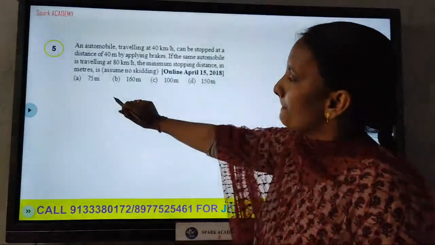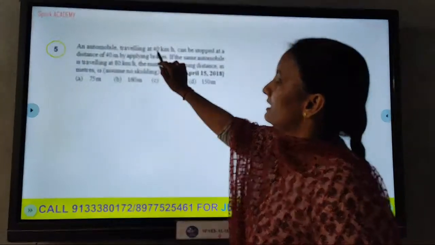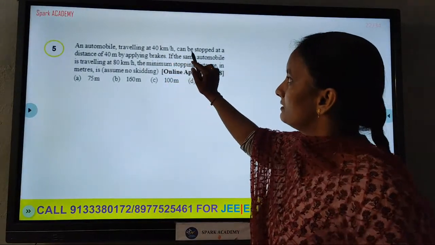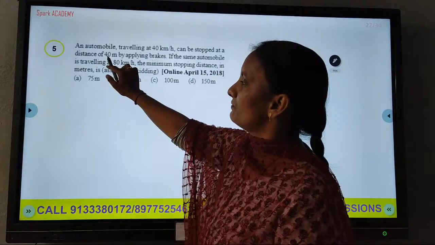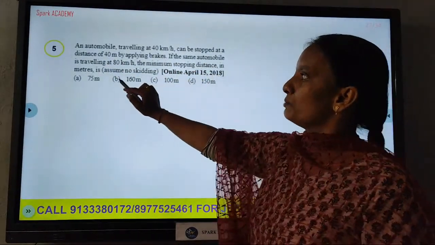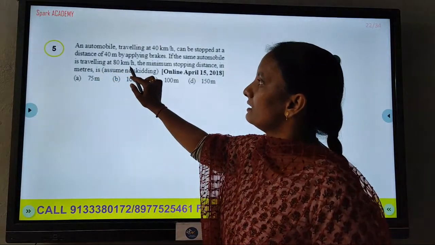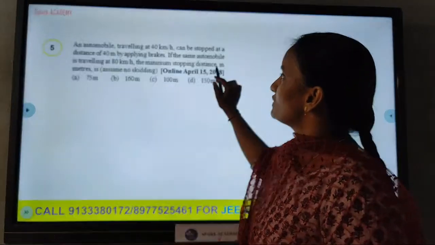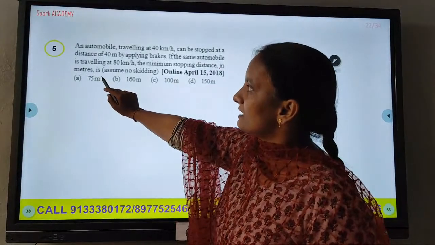Next, an automobile traveling at 40 km per hour can be stopped at a distance of 40 meters by applying brakes. If the same automobile is traveling at 80 km per hour, the minimum stopping distance in meters is.